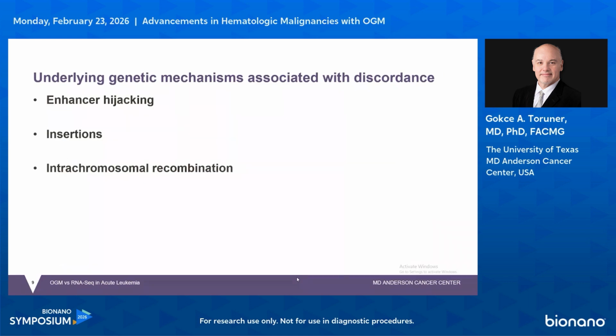So what are the underlying genetic mechanisms associated with discordance? One is enhancer hijacking. The second one was insertions. And the third one was intrachromosomal recombination.